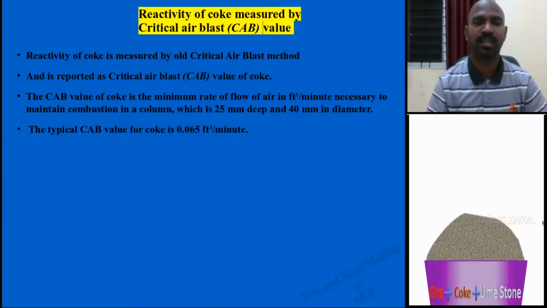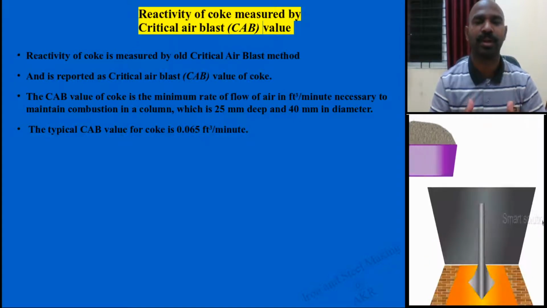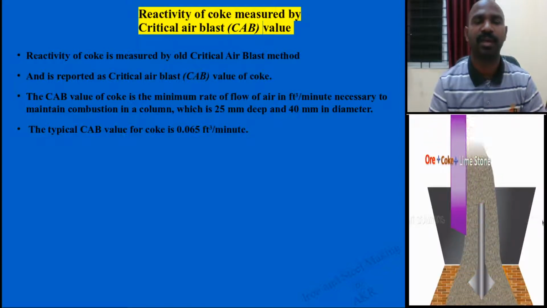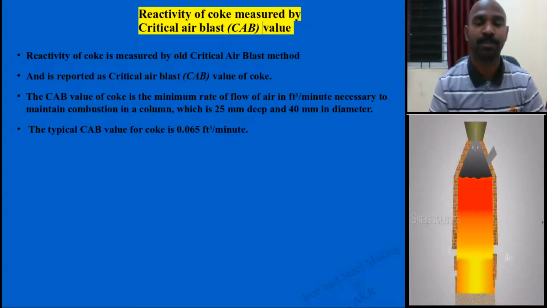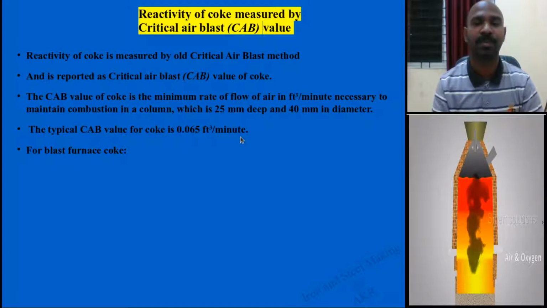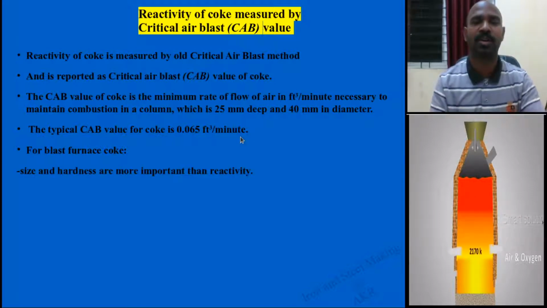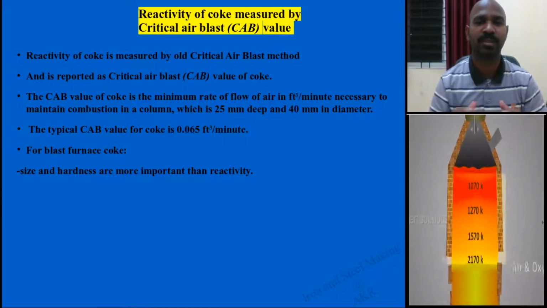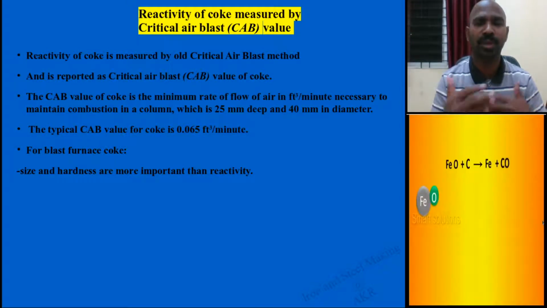This CAB value, the optimum value, is observed for the coke used in Indian steel plants. In Indian coal mines and coke oven batteries, the coke has 0.065 feet cube per minute. This value is assumed to be not as important as reactivity when compared with the size, hardness and strength of the coke.